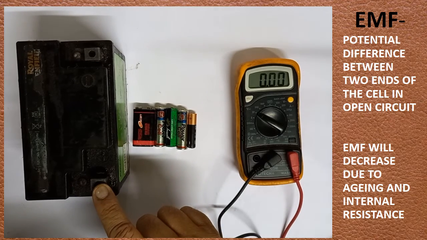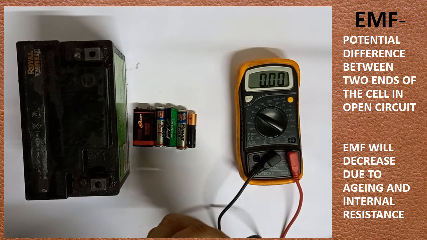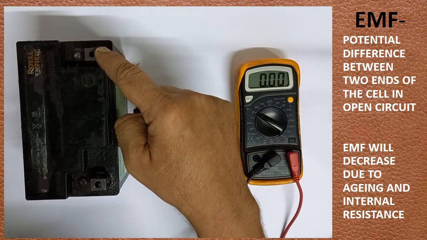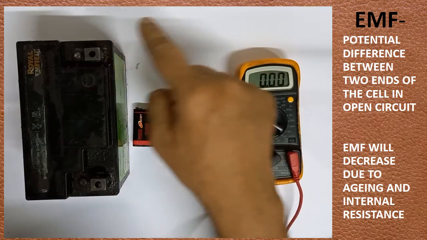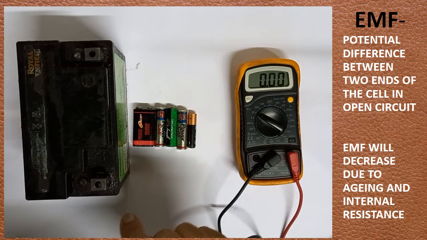This EMF is a driving energy. Are you clear? With the help of that electromotive force alone, what will happen? The electrons are supplied from the negative end of the cell to the positive end when the two ends are connected by means of wire and other components.